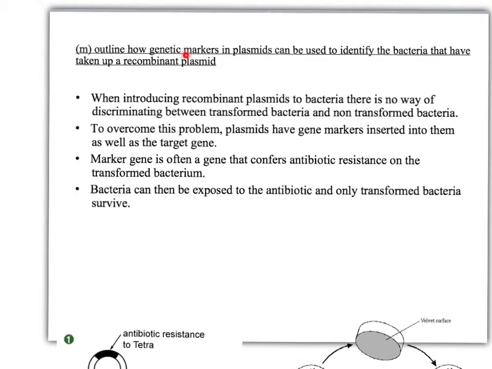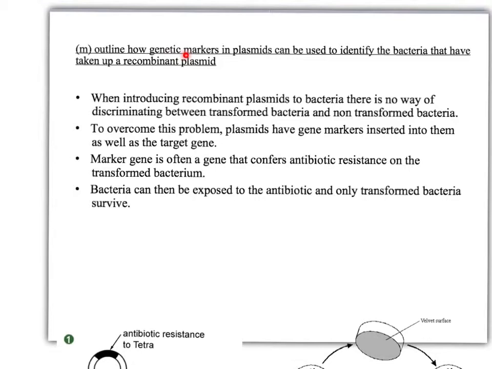So what we need to be able to do at the end of all these experiences is work out which bacteria have taken up our genetically engineered plasmid and which bacteria haven't. The way that we do this is we put things called genetic markers into our plasmid which enable us to do this.